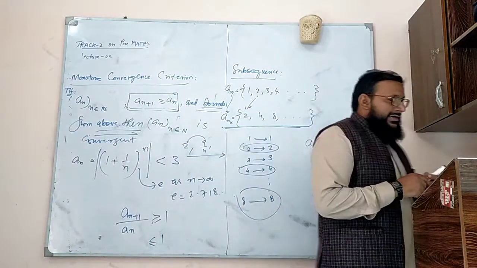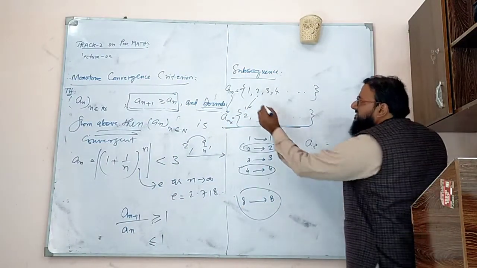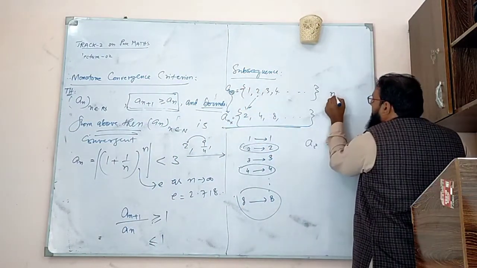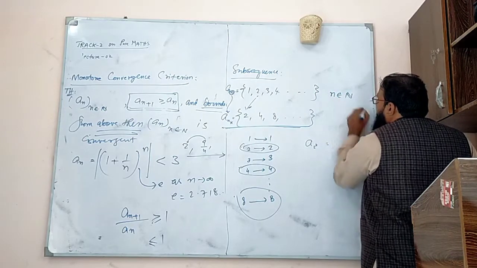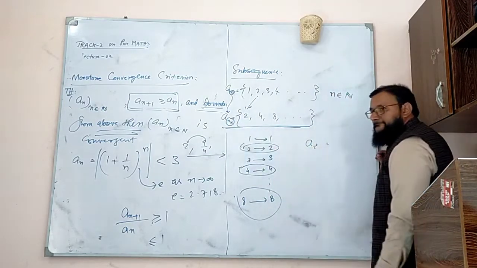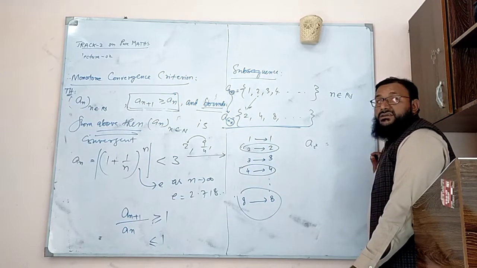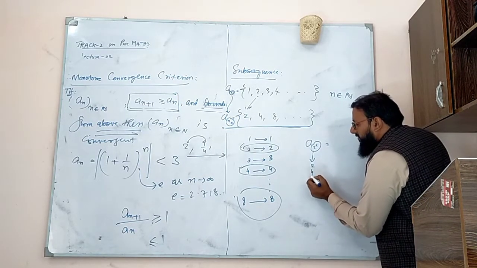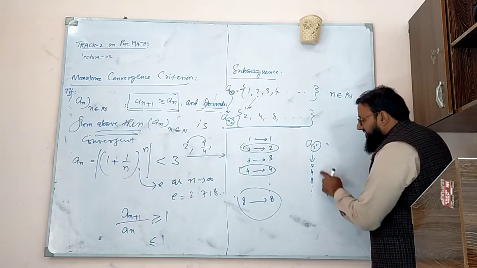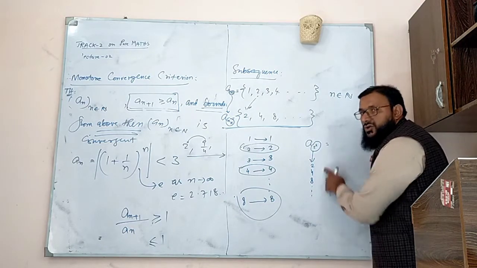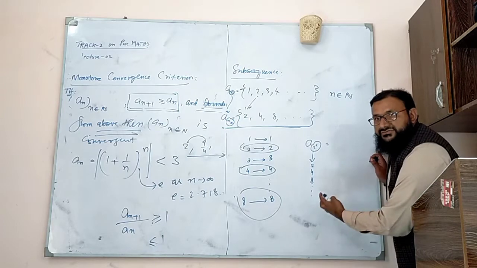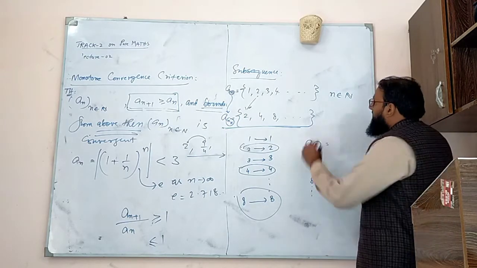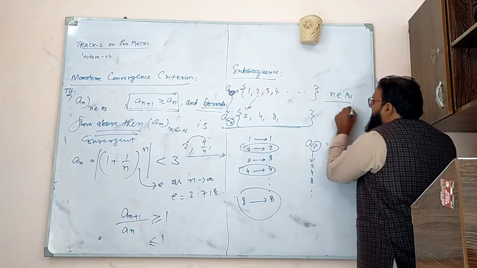But what is this n? Number of terms, a natural number. What is this n_k? It is not a natural number, no? Because when you choose this set, this thing becomes 2, 4, and so on. These are not all the natural numbers, they are part of the natural numbers. But what are these? Your n is a natural number.